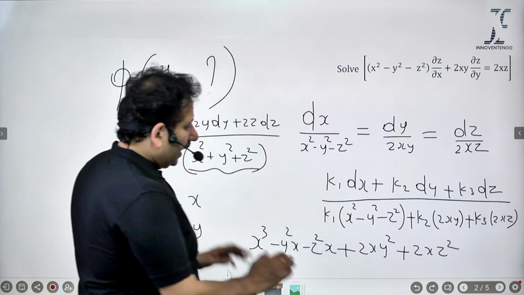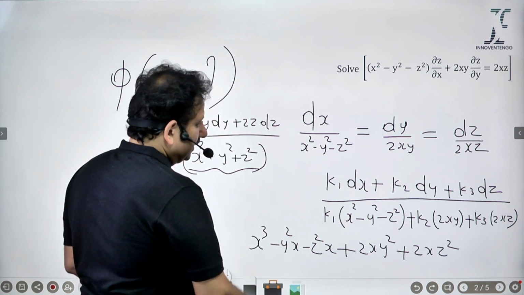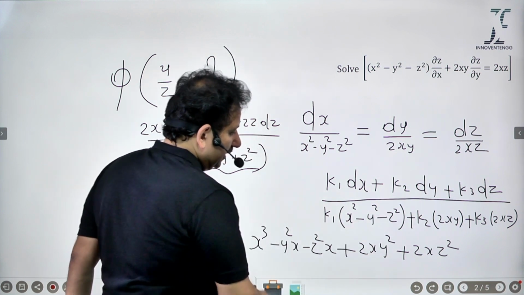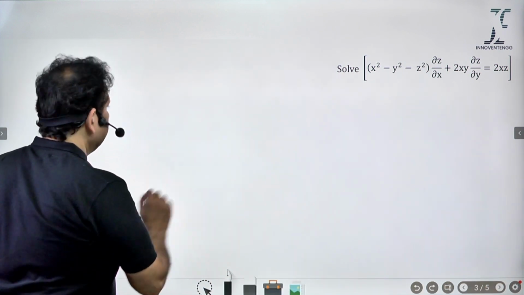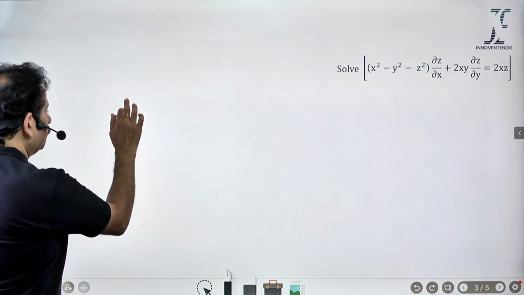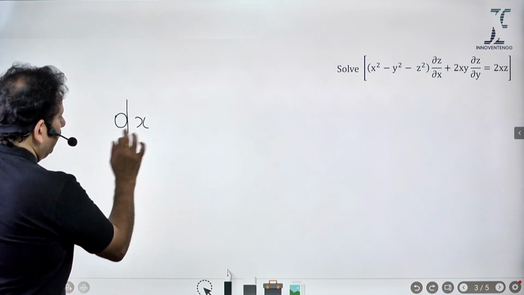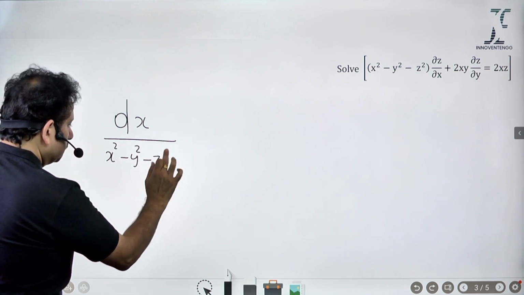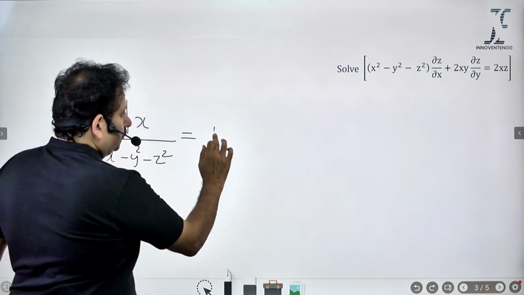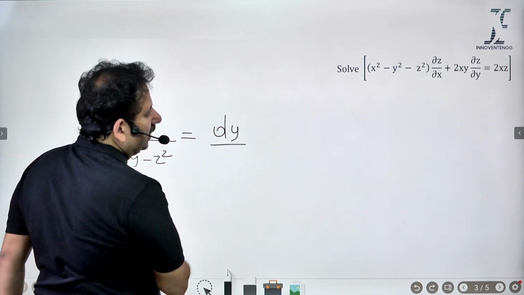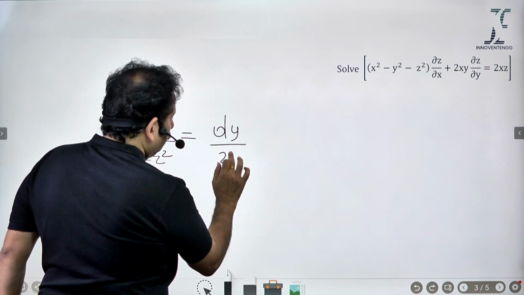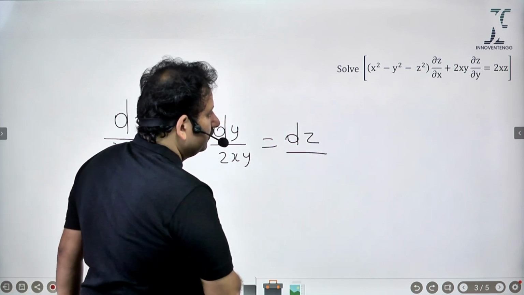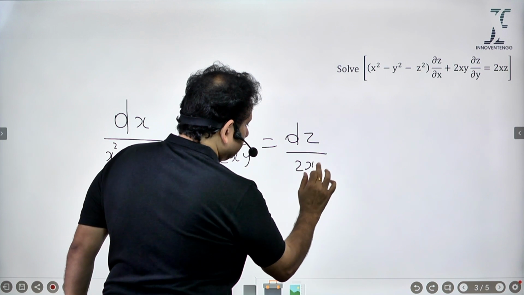So therefore I have got one more ratio, taking k1 to be x, k2 to be y, k3 to be z. So if I write my set of ratios, now it's going to be dx by x square minus y square minus z square, that's equal to dy by 2xy, that's equal to dz by 2xz.